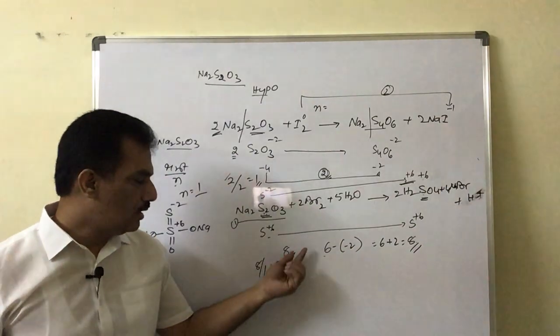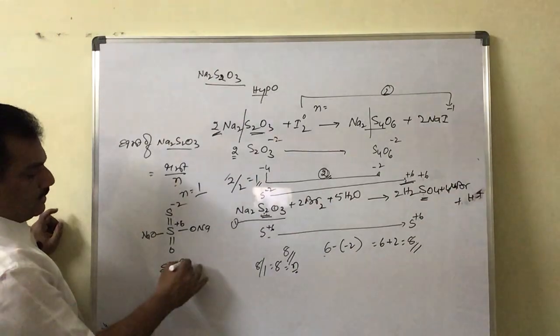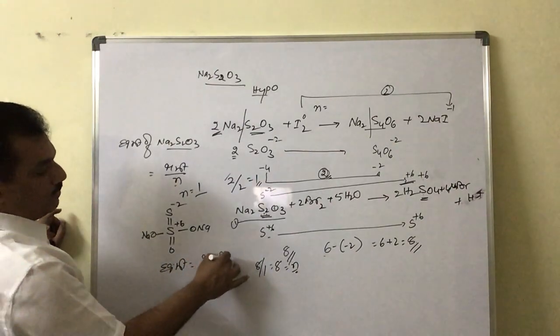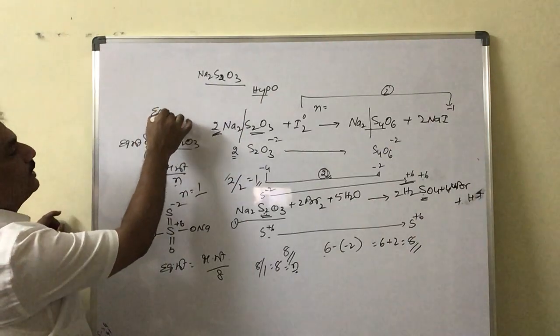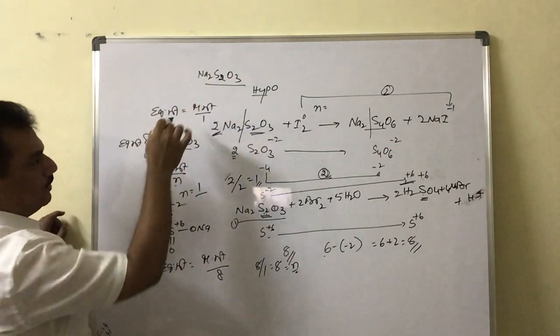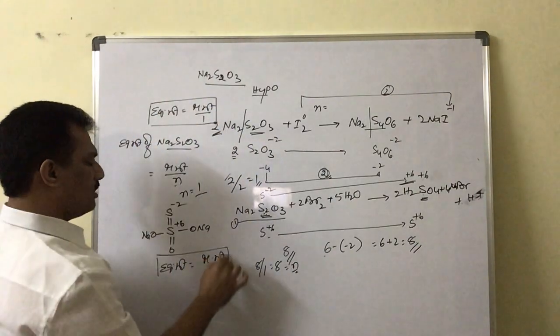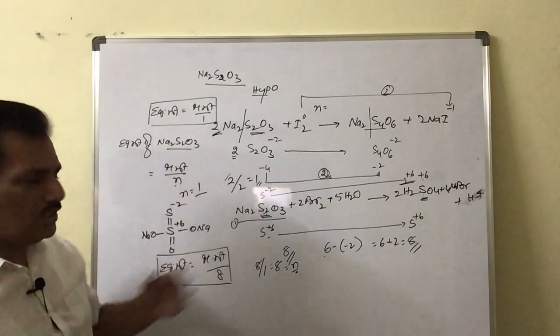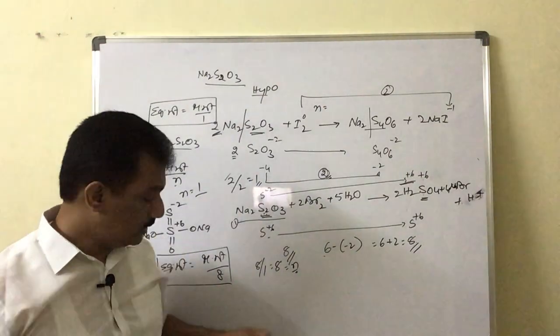In such a manner, here the equivalent weight is the molecular weight of hypo by 8, and there the equivalent weight is the molecular weight by 1. Like that, not only in this one, in any chemical reaction, just consider all these examples. I think now you are getting the clarity.